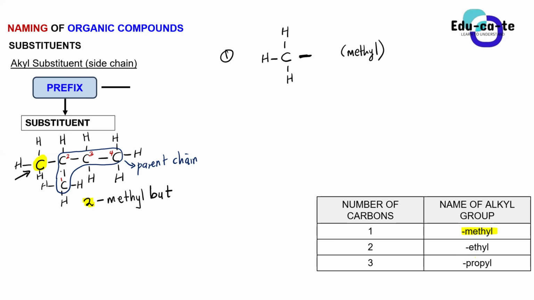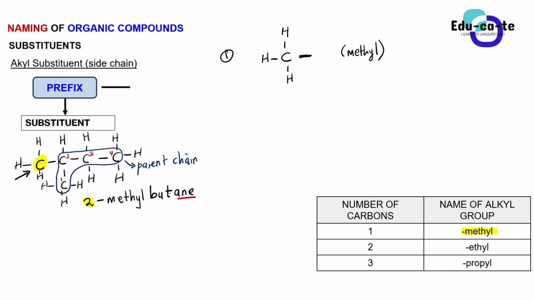There can be single bonds between carbon atoms, but if there is an oxygen somewhere, that will never make it an alkane. So for it to be an alkane, it must have single bonds between the carbon atoms and must only consist of carbon and hydrogen. So the suffix you're going to use is ane, because for alkanes the last part of the name is ane. So this is our complete name: 2-methyl-butane.